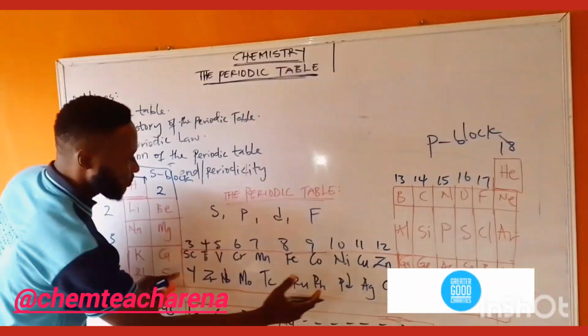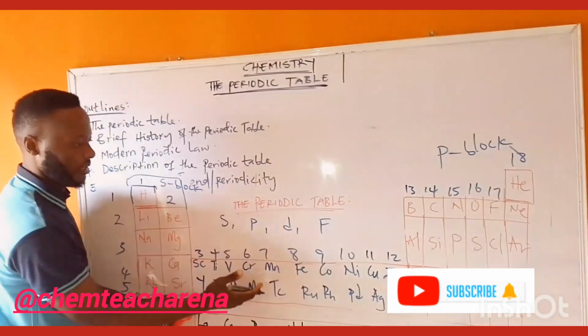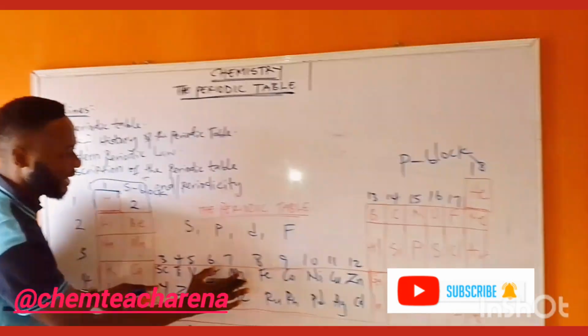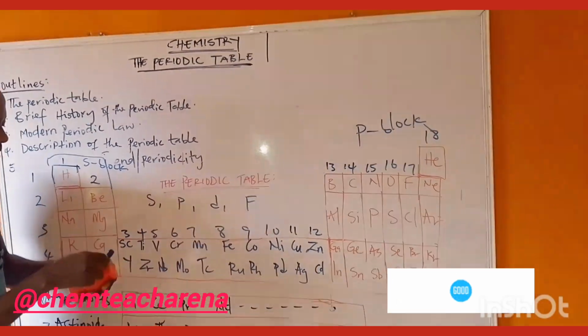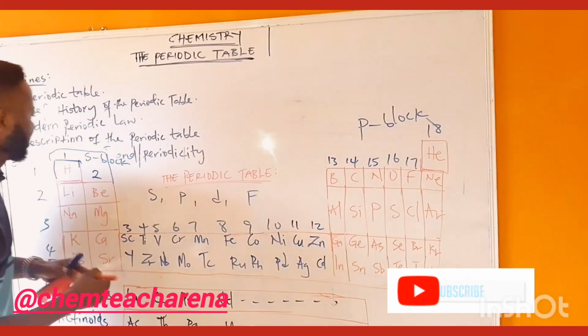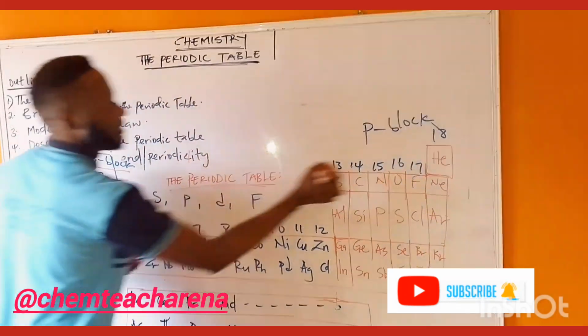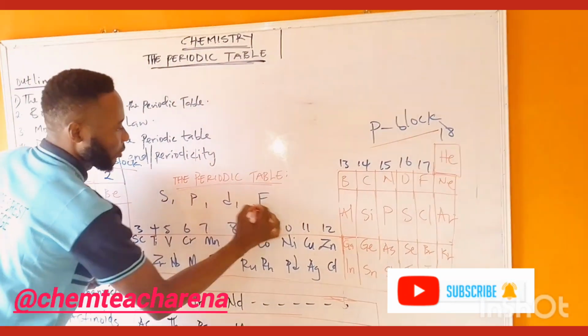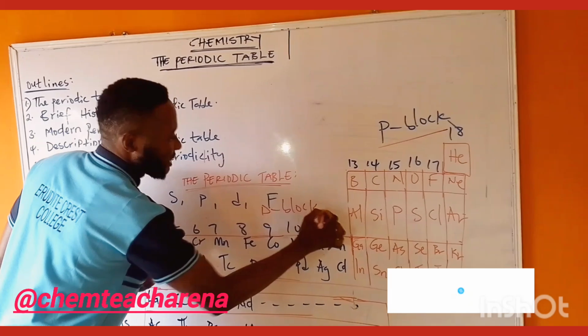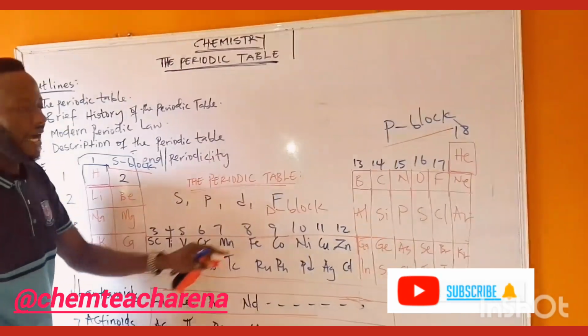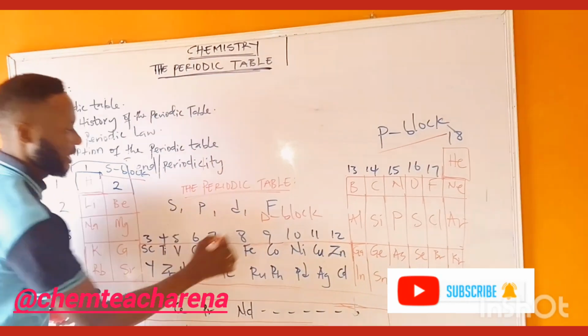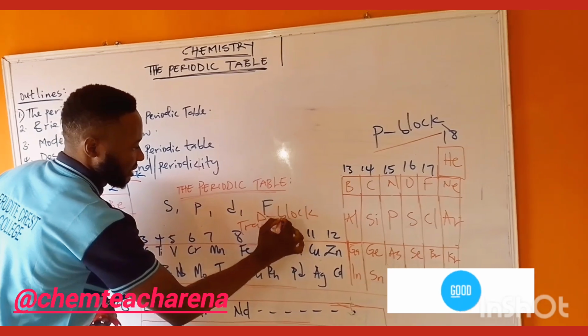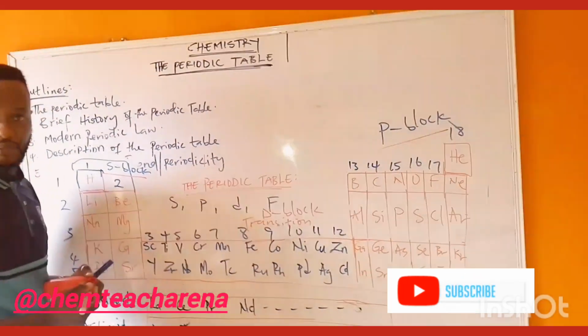Then you see these parts written in blue ink. This part, this is the transition element, and which is called the D block. This is my S block. This is my P block. Here is my what? D block element. Then the D block elements are called the transition what? Elements.